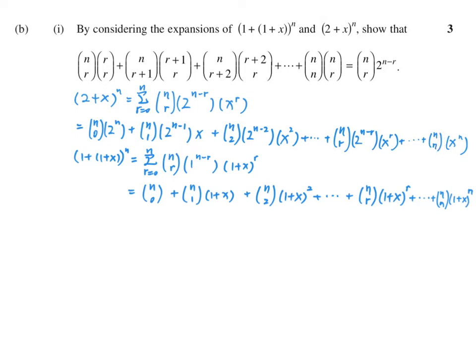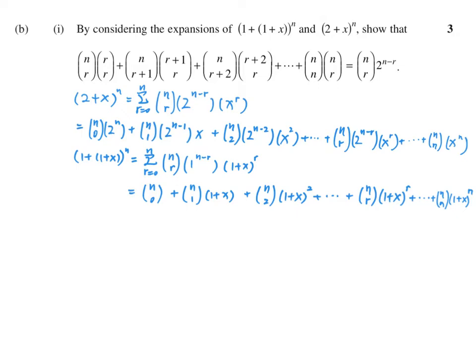And the x power is increasing from 0, x to the power 0 is 1 here, so you don't see the x, and then x to the power 1, x to the power 2, 3, 4, 5, and then to the power r all the way to the power n.